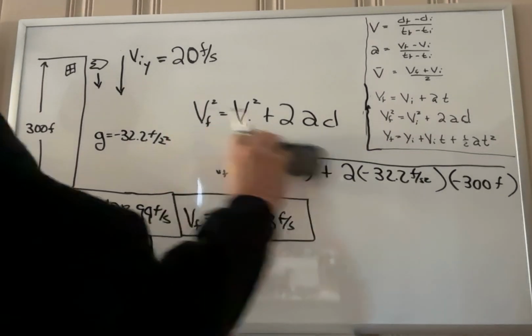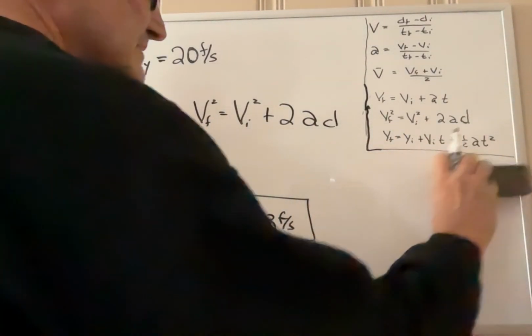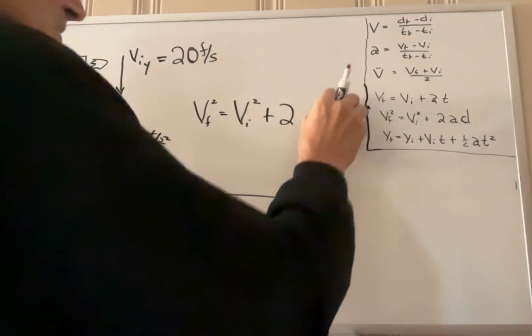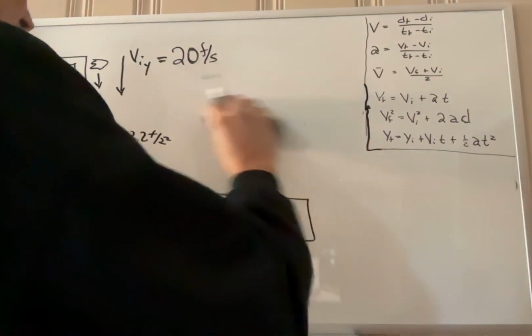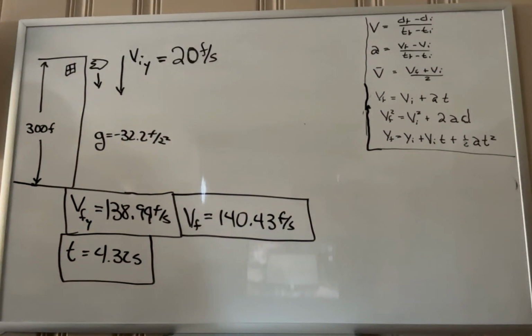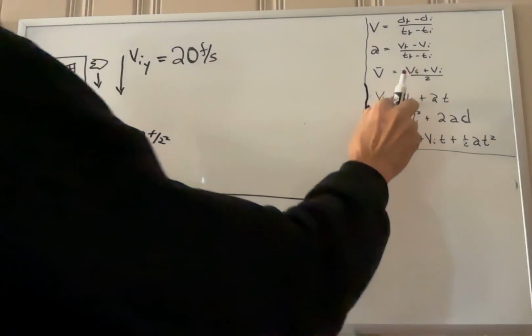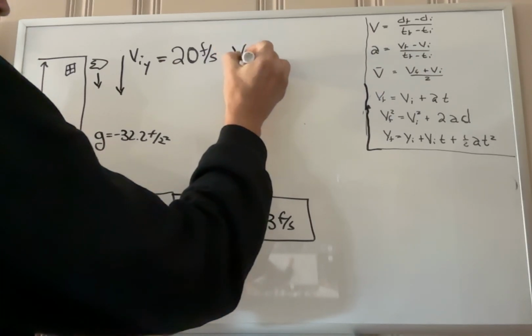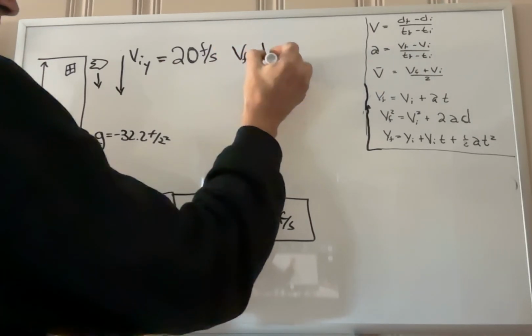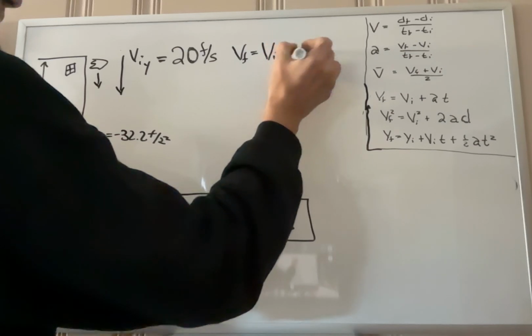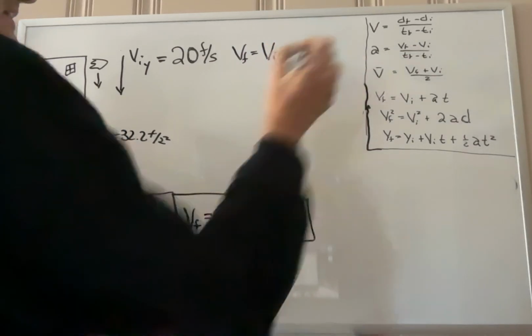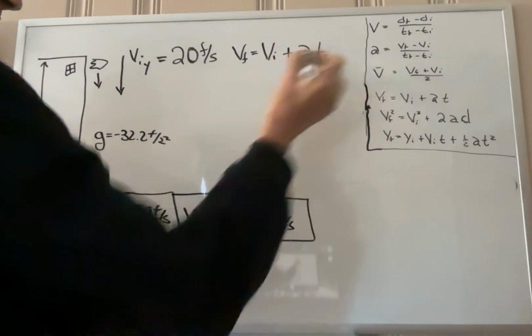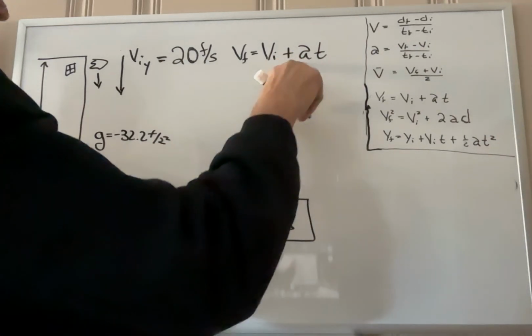Now let's find the time it takes for it to fall. Again, we can use the simple equation, which would be this one right here. This is a nice, easier equation, but we'll see what happens when we use the other equation. So my velocity final is going to be equal to my velocity initial plus a times t, the acceleration that it falls under and how much time it falls under that acceleration.